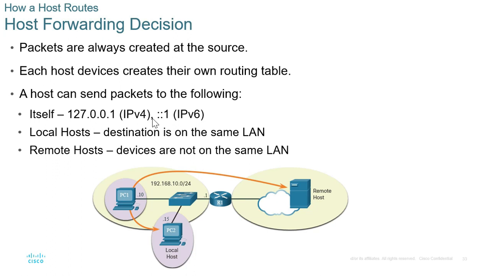Next, it can send packets to the local host, which is a destination on the same LAN as itself. Next, it can send to a remote host. If it wants to send to a remote host, that means it needs a gateway. So in the routing table of a host, it needs to have a default gateway address.